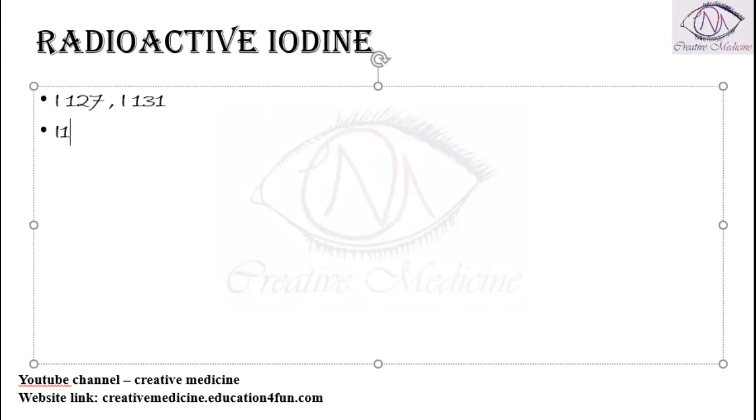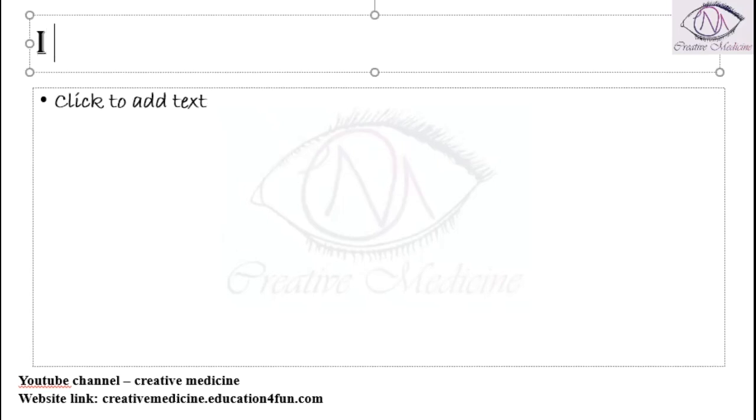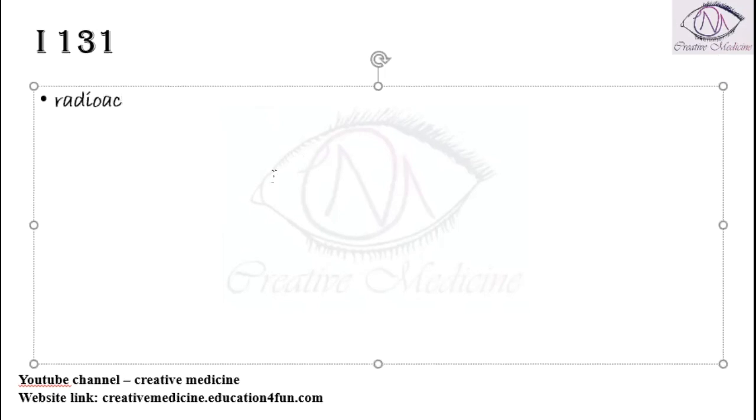Iodine 127 is actually a stable isotope, and thus it is not used as an anti-thyroid drug. Iodine 131 is used as an anti-thyroid drug. This iodine 131 is radioactive, with a half-life of around 8 days.